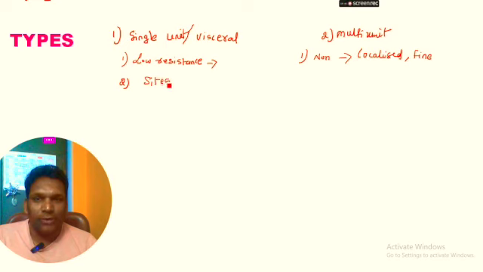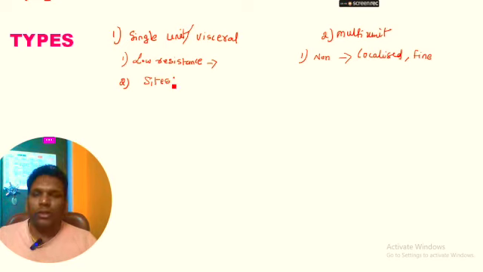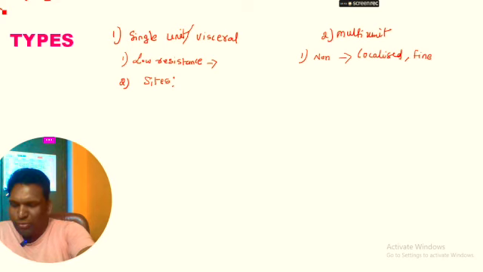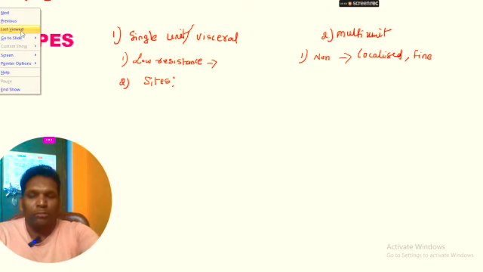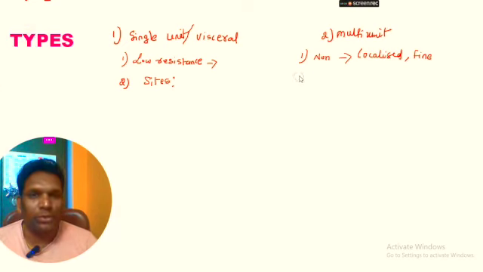Multi-unit fibers are located in the iris and ciliary muscle of the eye, the piloerector muscle of the skin, and the muscles of the blood vessels.